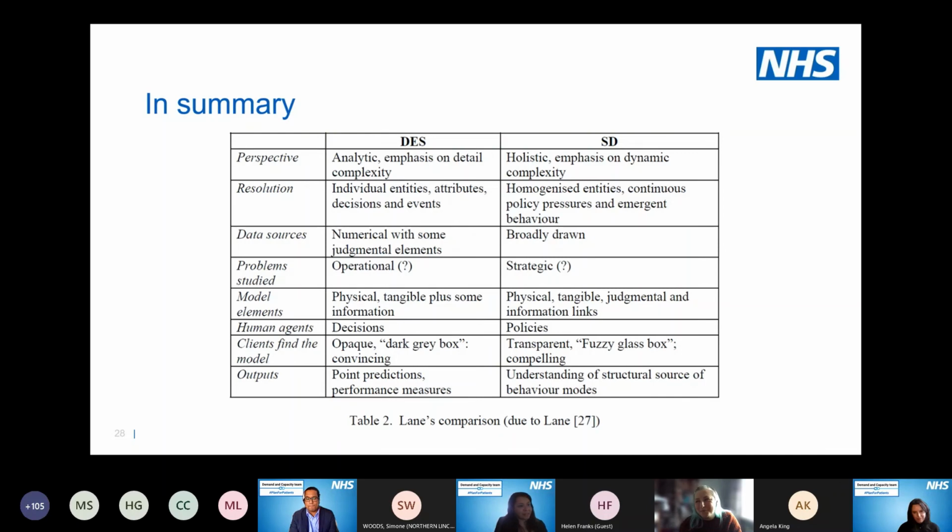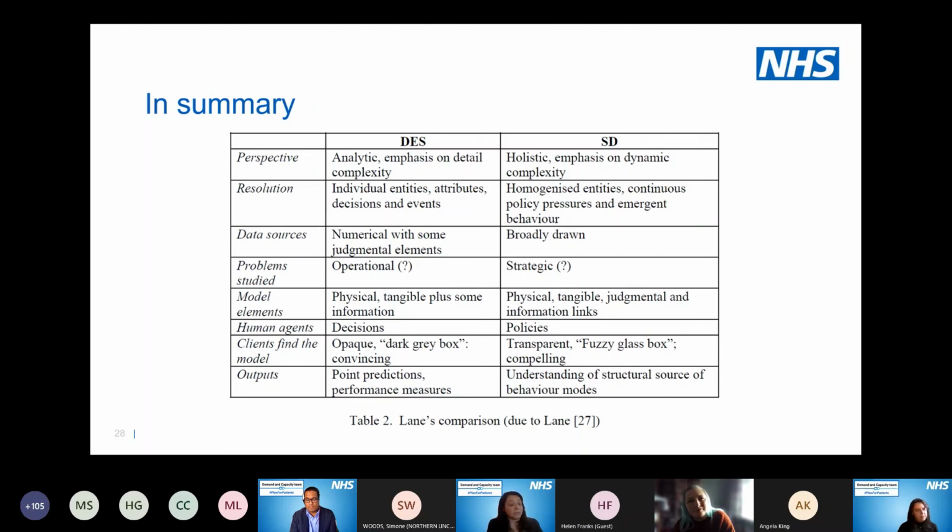You can use system dynamics for some operational modeling, or you can use discrete event simulation for strategic decisions as well. So you will have to be careful when you are deciding what approach. And I would be asking you, for example, do you really need to know what happened to individual patients, or do you want to have an overview of what happened if you implement something? Go with system dynamics if you want to have a look at the trends if something is implemented in that ICS.